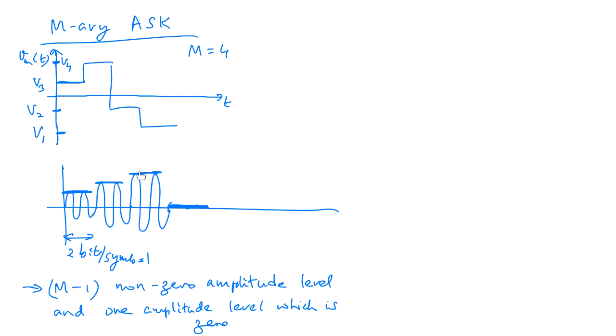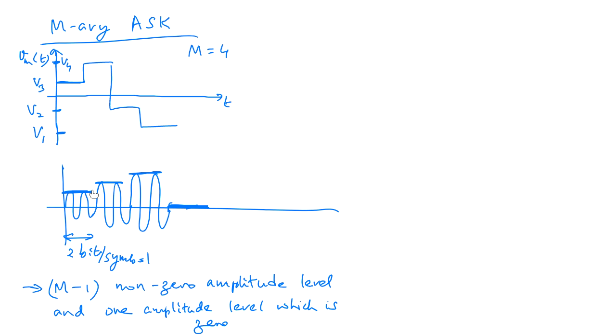So what is going to happen is if you keep on increasing m, then you need more and more amplitude levels to modulate the carrier, and that means, since the peak-to-peak range that can be supported by the electronic devices, or the maximum amplitude that the electronic devices can support, is limited, what will happen is the distance between the amplitude levels, or the separation between them, will become smaller and smaller as we increase the value of m.